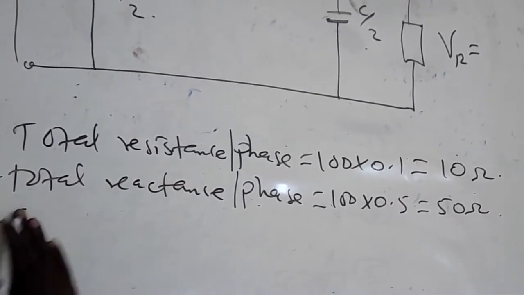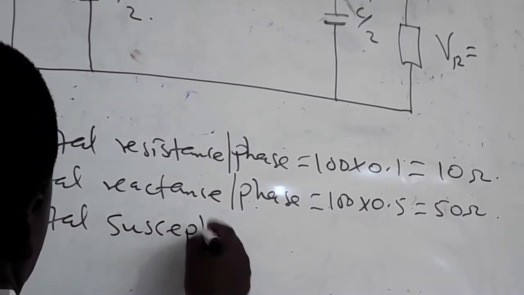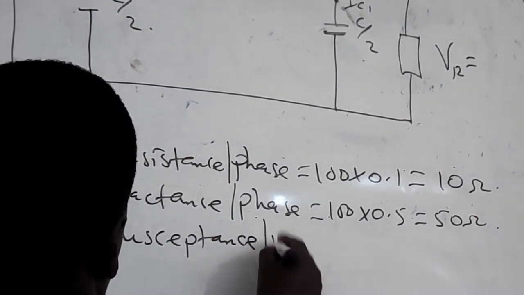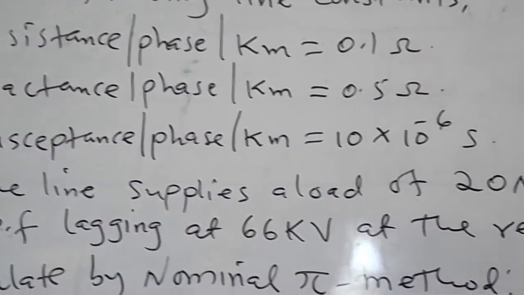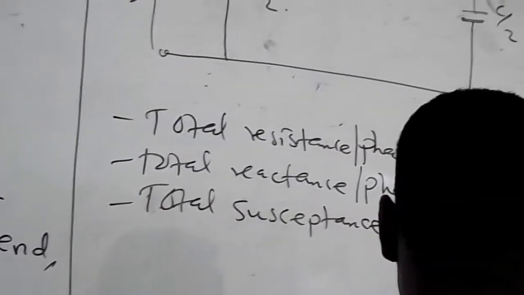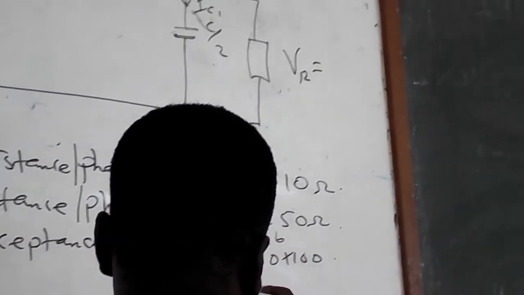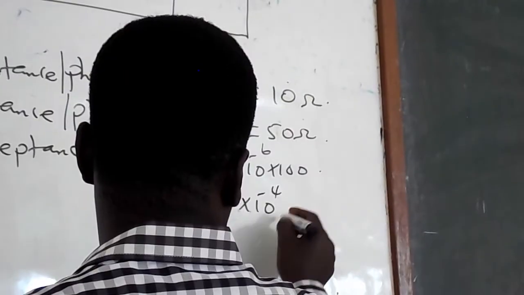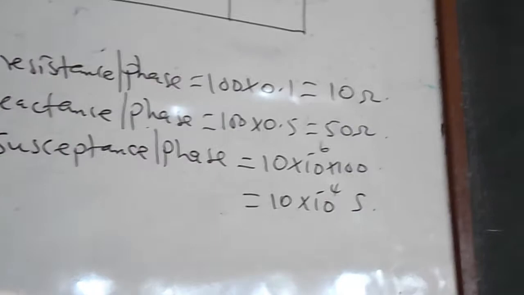The total susceptance per phase is equal to 10 times 10 power negative 6 times 100. So that will give me 10 times 10 power negative 4 Siemens.